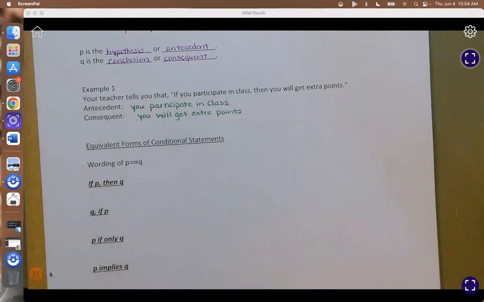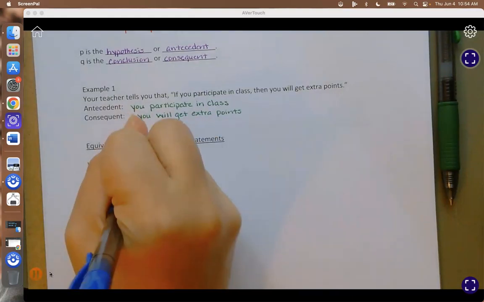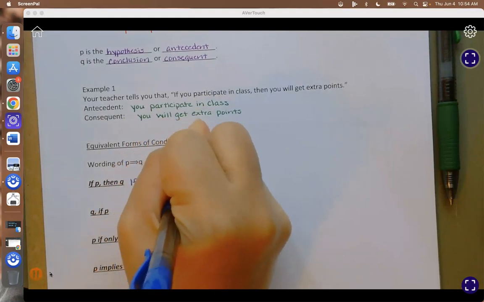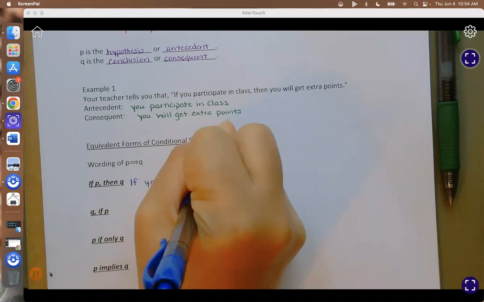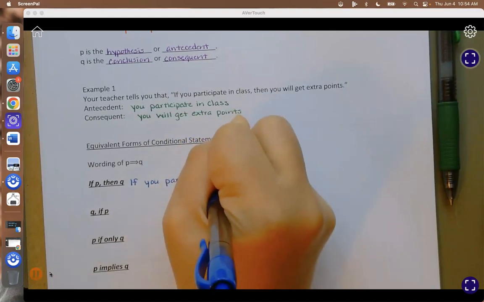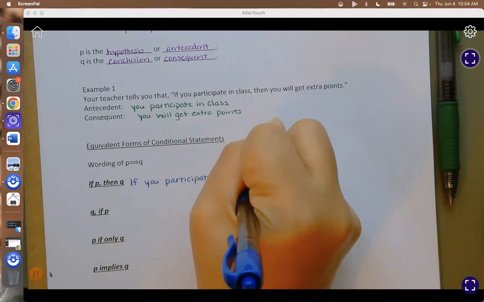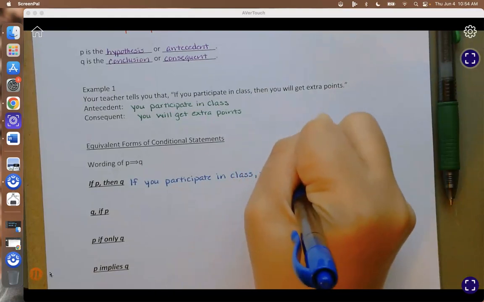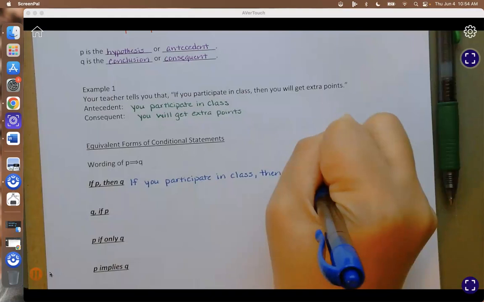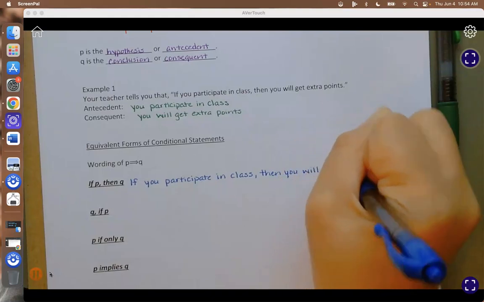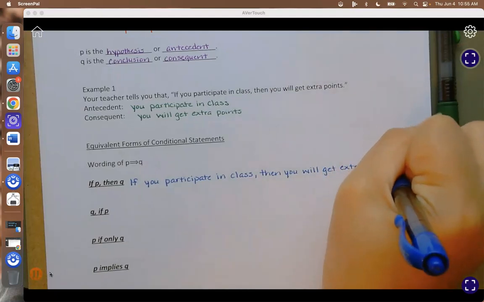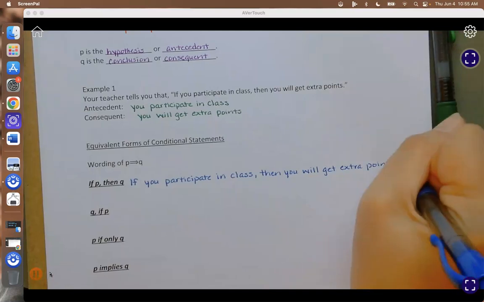So we have the way that it was originally written: if you participate in class, then you will get extra points. Okay, so that's like the OG, the original way to write that.